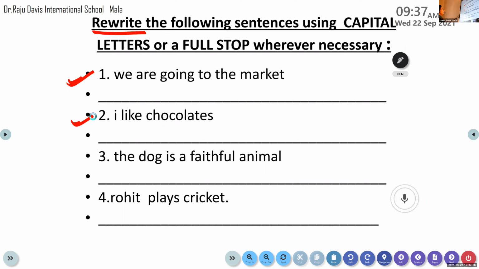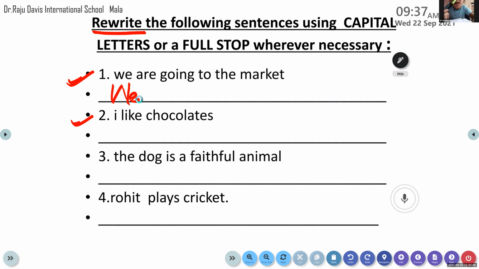When your question is to rewrite the following sentences using capital letters or a full stop wherever necessary, here is a question for you: we are going to the market. Whenever we rewrite the sentence, we already know we have to use capital letters and full stop. So the first letter, W, should be written in capital letter.